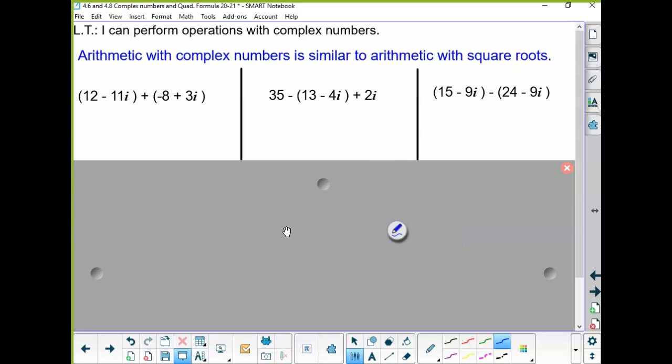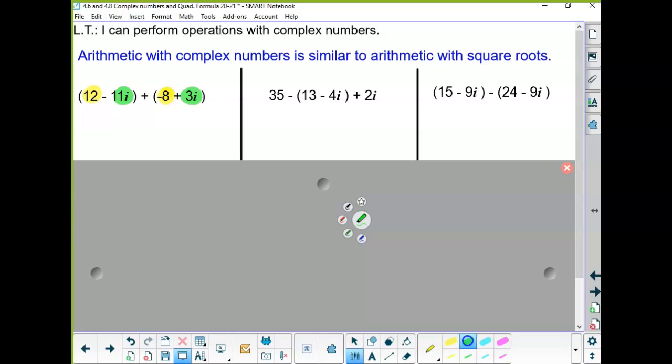So, I'll do this one really quick just so you guys can see. How is this set up? Well, I've got a complex number here. It's got the real part, and it has the imaginary part. So that's the a minus bi. And then I'm adding that to another complex number. But notice, this complex number has a real part plus an imaginary part.